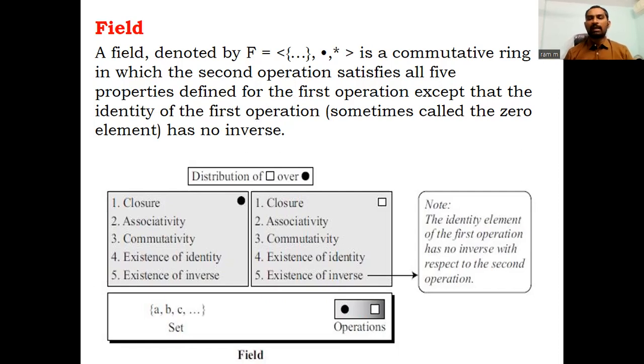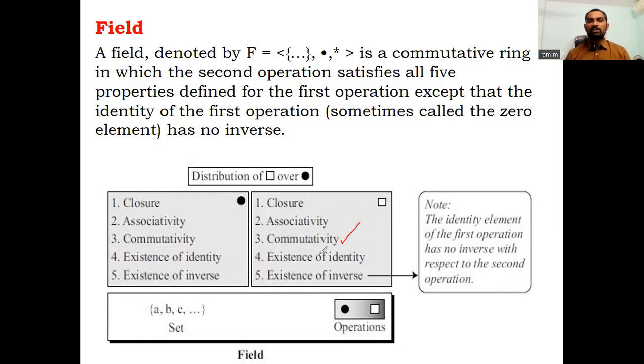So a field should be a ring first. Which ring? It should be a commutative ring in which the second operation should satisfy all 5 properties. So already it satisfies 3 properties. To become a ring, it should satisfy closure property and associativity property. Now, I'm saying it is not just a ring, it is a commutative ring, so it satisfies the third property also.